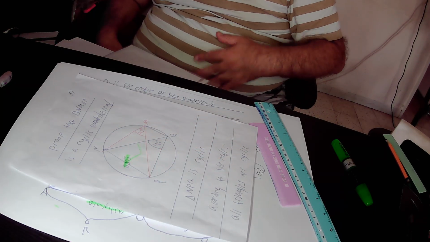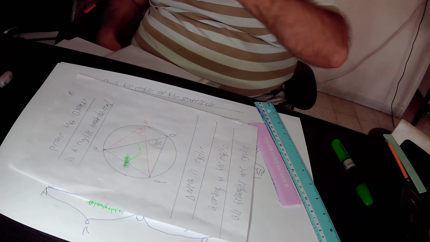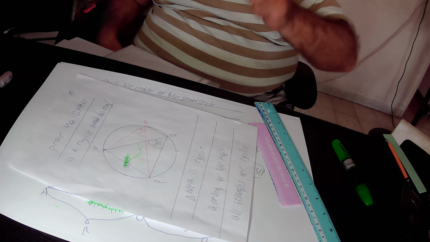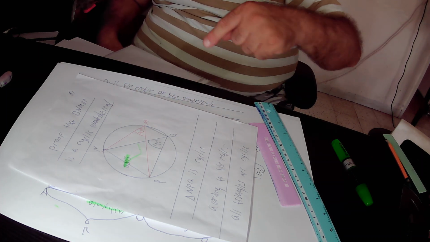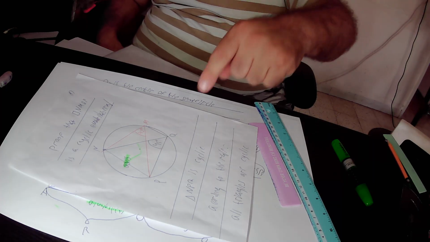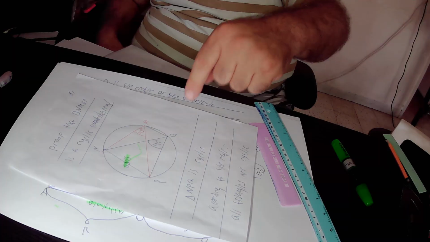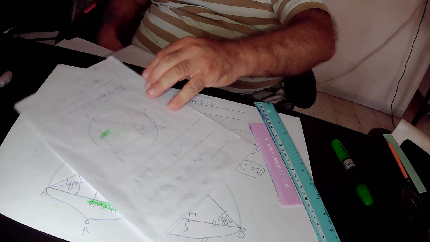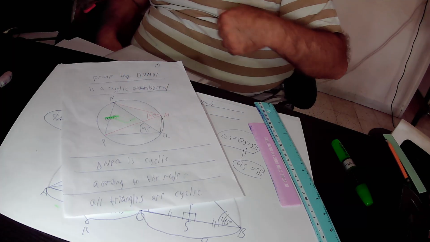So we can say that quadrilateral NMQP is inscribed by this circle, because all the four vertices lie on the circle itself.